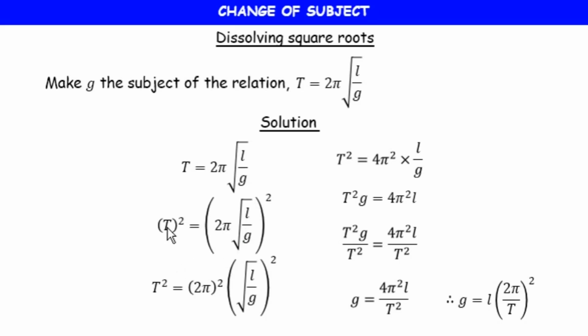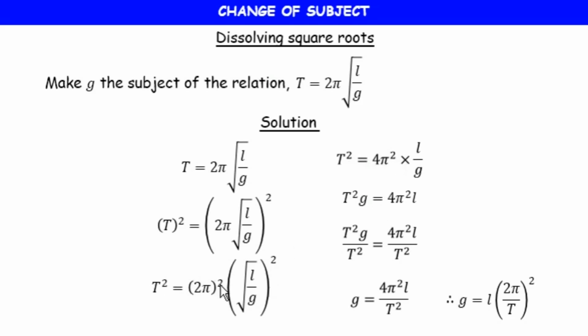So you're going to have t squared is equal to 2 pi times the root of L over g, all squared. So you're going to have t squared is equal to (2 pi) all squared into bracket the root of L over g all squared. So when you expand, you're going to have t squared is equal to 4 pi squared.